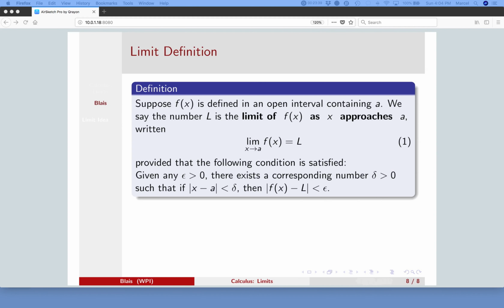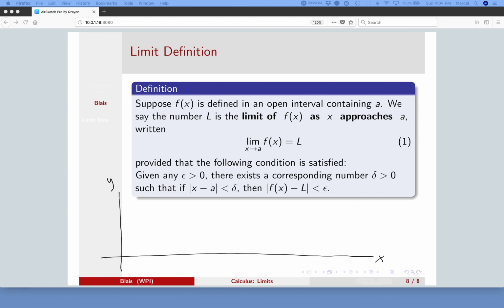So, this was the idea of limit. To make things more precise, we want to give the official definition of limit. Suppose f is defined in an open interval containing a. So let's draw this as we go through it. It'll be similar to the picture we drew at the beginning of this lecture.